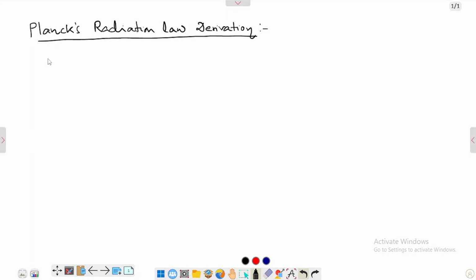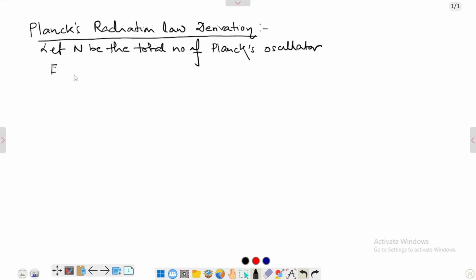We will first say that let N be the total number of Planck's oscillators, and E be the total energy.